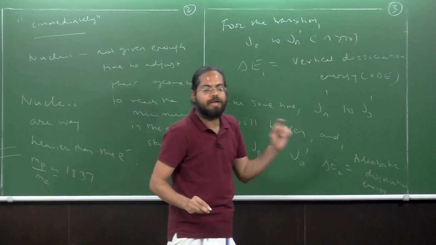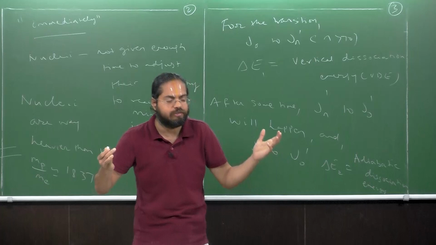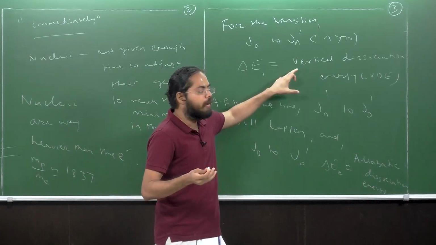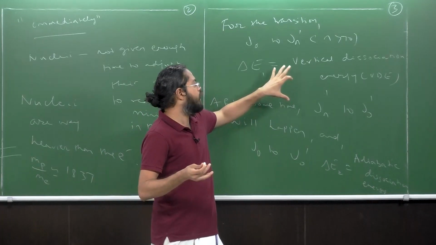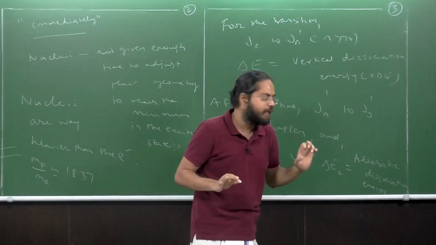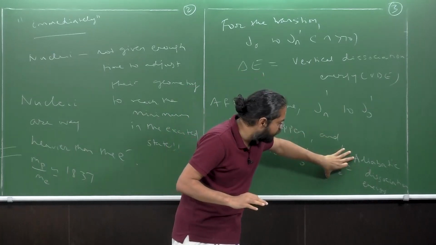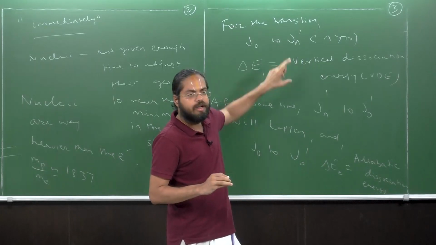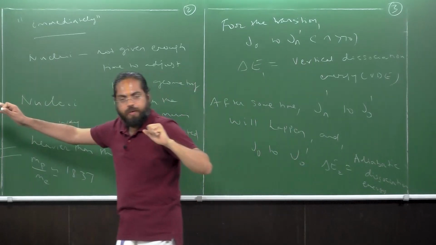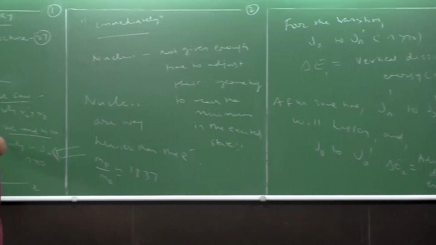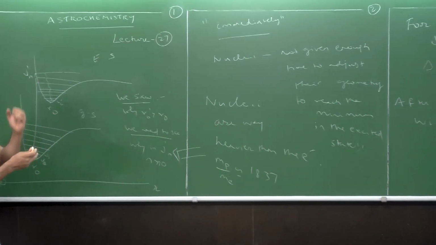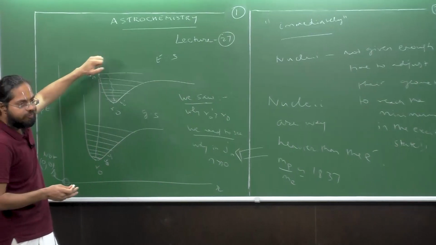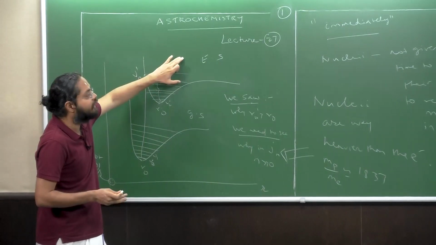So these are two useful measures that you can experimentally measure, depending on your experimental sophistication. You can measure the adiabatic dissociation energy as well as the vertical dissociation energy, to understand how the molecular changes have happened between the ground electronic state and the excited electronic state.